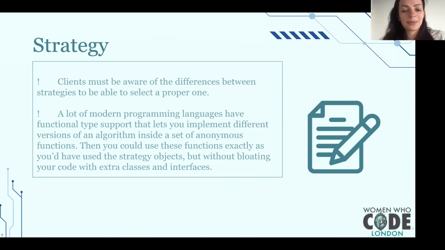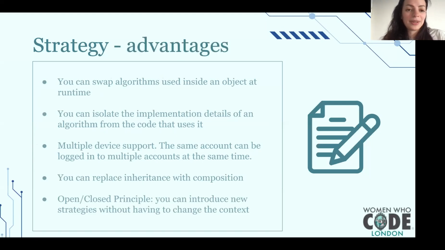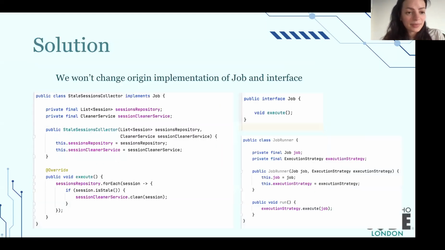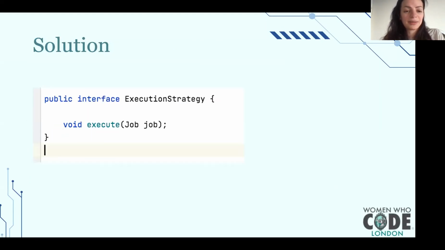A lot of modern programming languages have functional type support. Yep. So you can use lambdas, you can program in Scala without the strategy pattern because you just create new functions. Also, even with strategy, it can become just a functional interface because we have only one method basically.